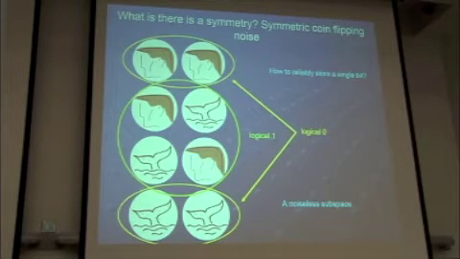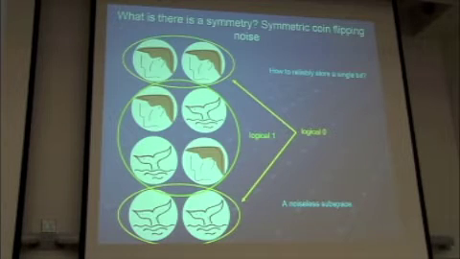Now, because the environment can only flip both bits at the same time, if it goes from heads to tails, we don't care. We still call that 0. So this is a noiseless subspace, a classical noiseless subspace. We've exploited symmetry in order to store information in a robust manner, no matter how fast the environment does the flipping. In other words, no matter how strong the interaction is.